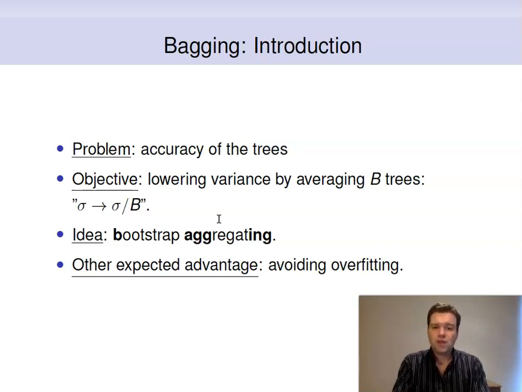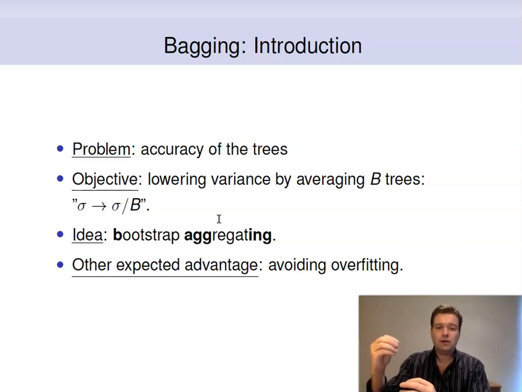Another expected advantage that can be really easily understood is the fact that by averaging trees, we are able to avoid in some way overfitting. Indeed, we are going to average different predicted values. If we only use one tree, we understand that the tree possibly overfits.